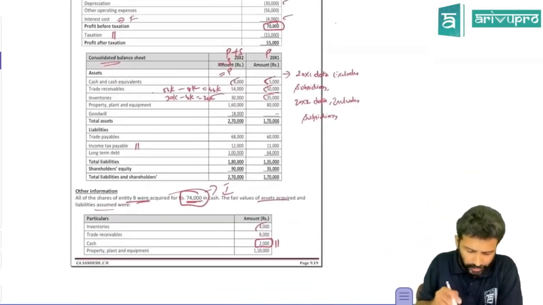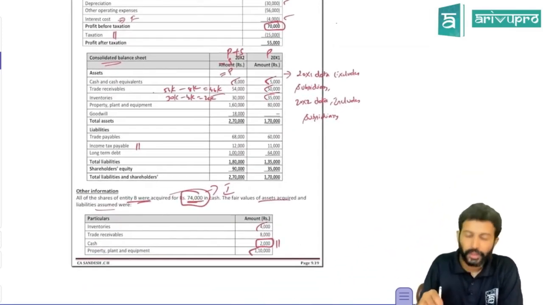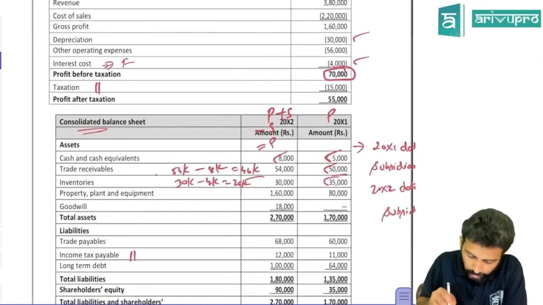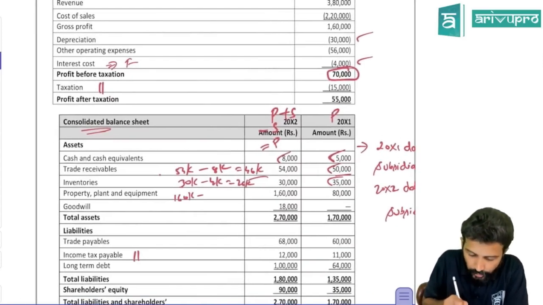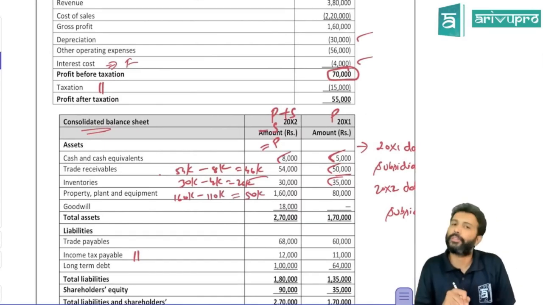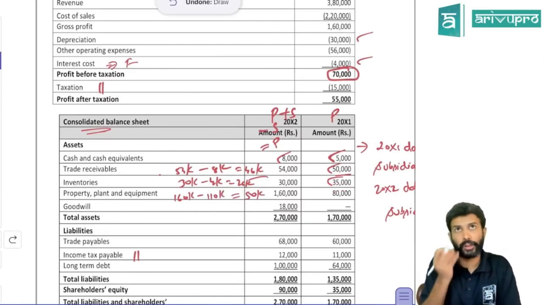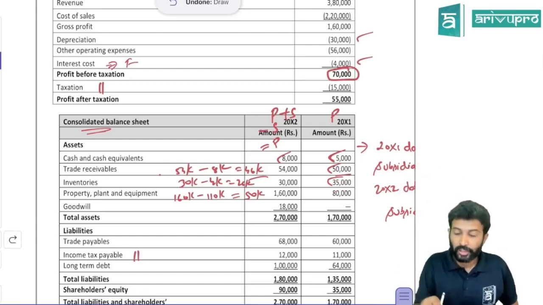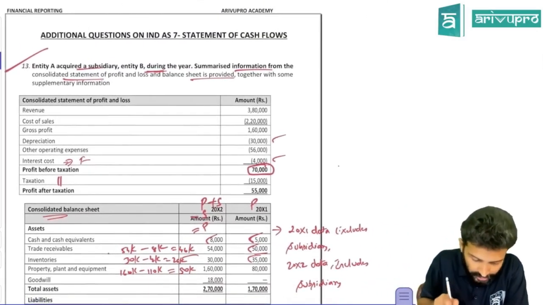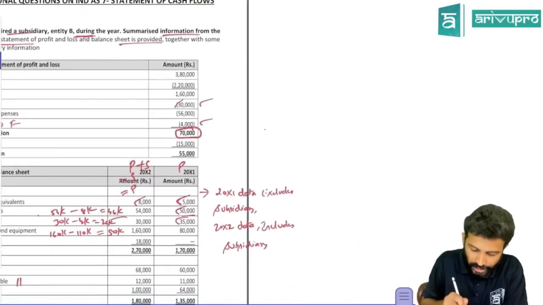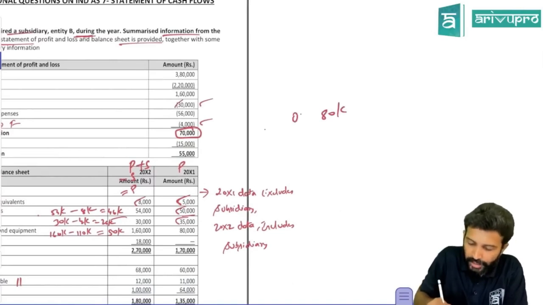Then PP. For PP usually we'll have to prepare a ledger, or we'll just directly compare. How much is PP of the subsidiary company? 110. This is already included. So directly check: 160 includes 110. That means the parent's PP is only 50,000. It was how much last year? 80,000. Now it has become 50,000. So it has reduced, means a sale, sir? No, hang on. There is depreciation also, no? How much is the depreciation? 30,000. Oh, okay. That means no change. Sir, your opening balance was 80,000.